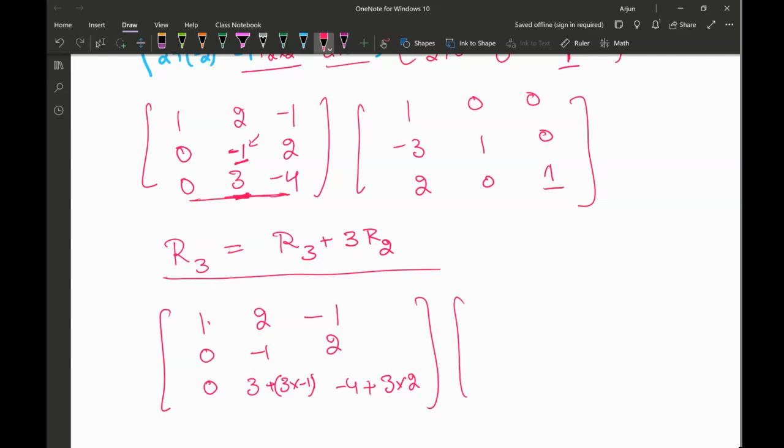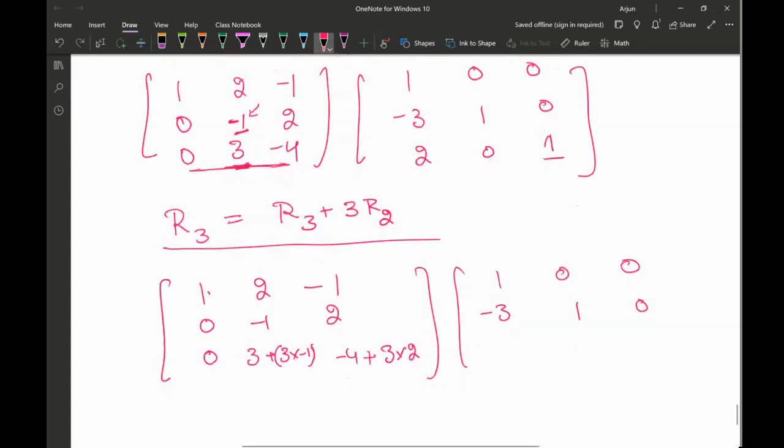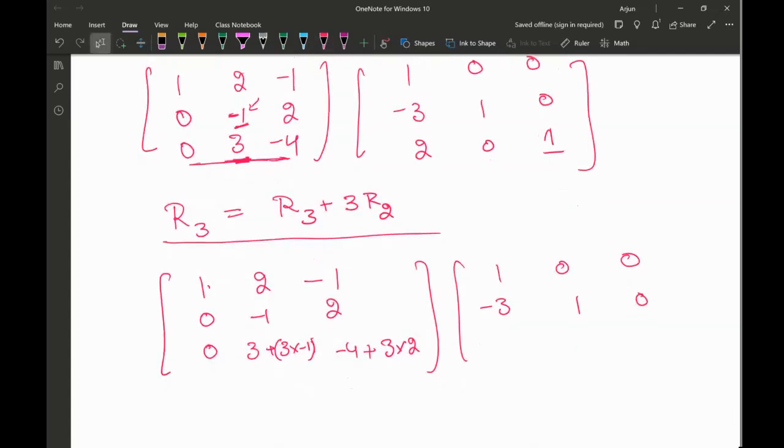And now this will be 1 0 0 minus 3 1 0, and down here it will be 2 times R3, which is 2, plus 3 times minus 3, and here it will be 0 plus 3 times 1, and here it will be 1 plus 3 times 0.